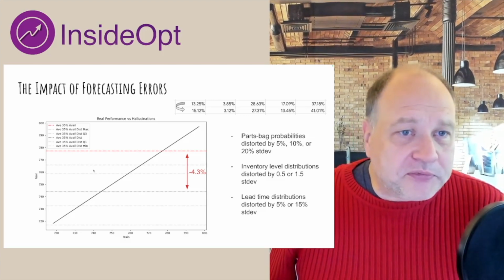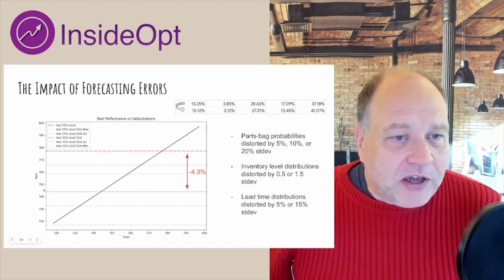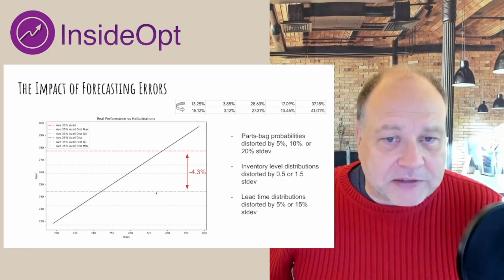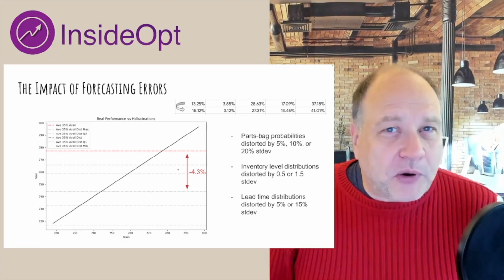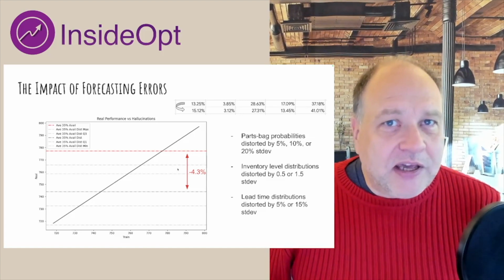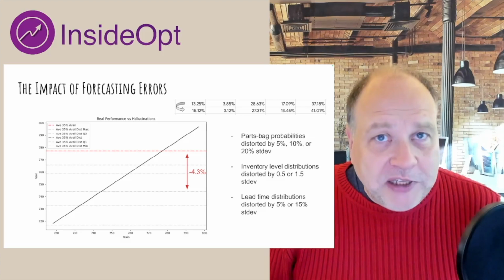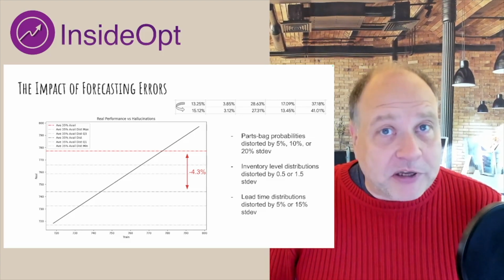So instead of getting something around an overall quality of 777, we are down to something like 744, around there. It's about 4.3% in hit that we're taking by our digital twins not being able to provide perfectly accurate probabilistic forecasts.